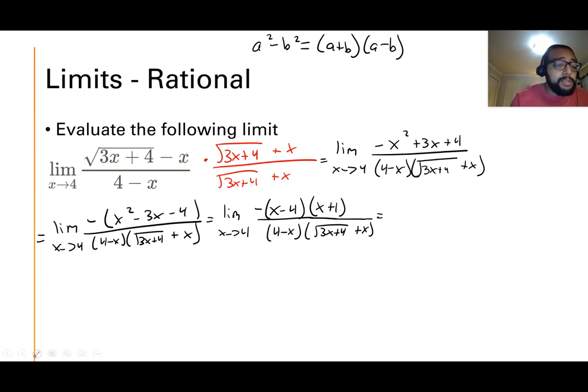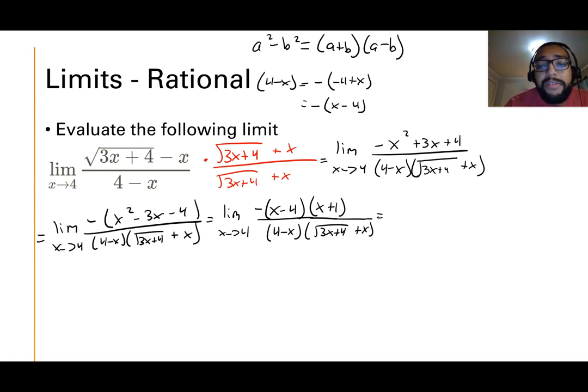I will do this work on the side, up here. That 4 minus x, I want to somehow make that x minus 4, so I'm going to need to flip some signs. If I factor out a negative there, I get negative times negative 4 plus x, which is the same thing as negative times x minus 4. Which is great news, right?